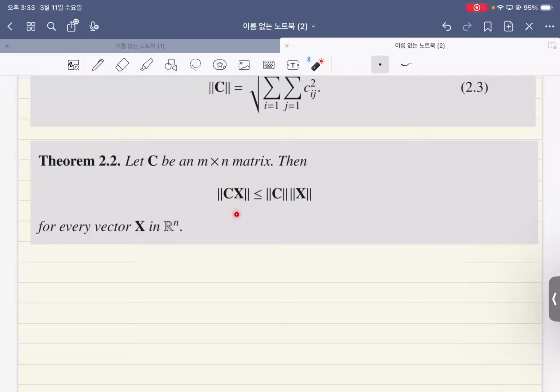In this case, we're going to consider x to be the n by 1 column vector. So this is just an n-dimensional column vector, right? Therefore, the left-hand side of this inequality is the length of Cx, and it is bounded by the matrix norm of the matrix C times the vector norm of the vector x.